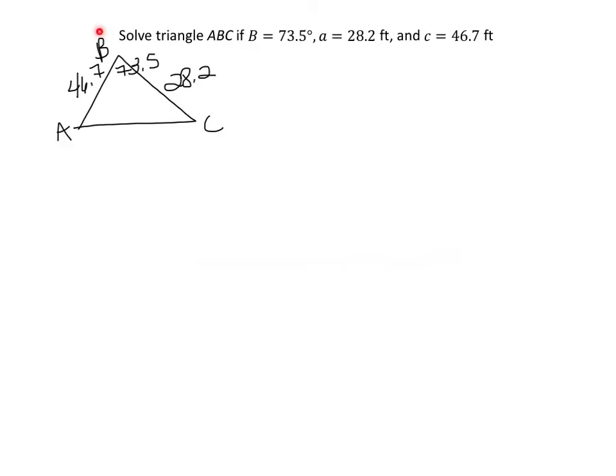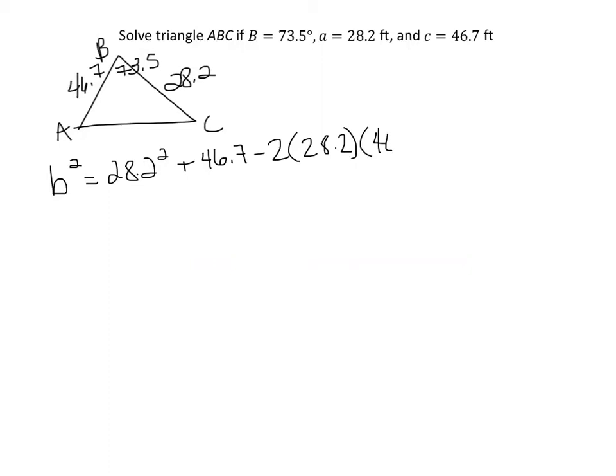What I notice is that I have angle B, but not side B. So I can solve for side B. So that'll be b squared is equal to a squared plus c squared minus 2ac cosine of B.